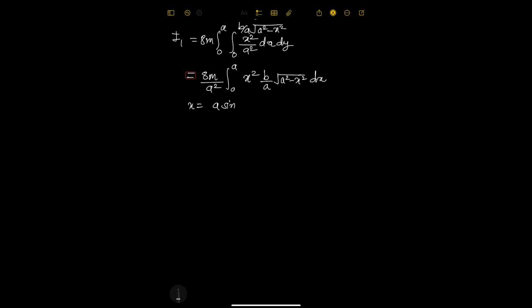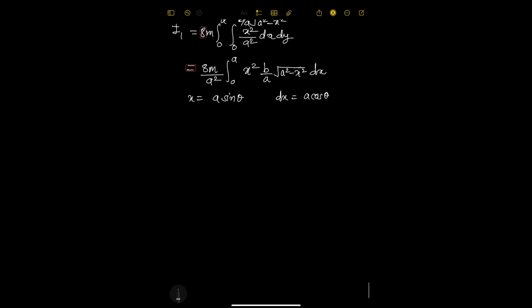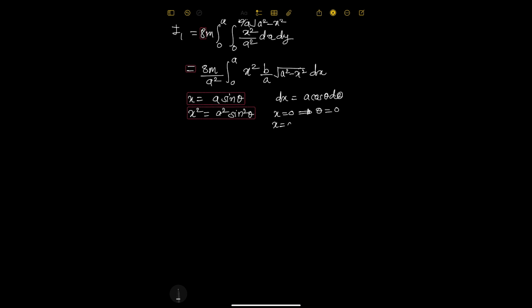If x is equal to a sin theta, dx is equal to a cos theta d theta. x square is equal to a square sin square theta. If x is equal to 0, theta is equal to 0, and if x is equal to a, theta is equal to pi by 2.